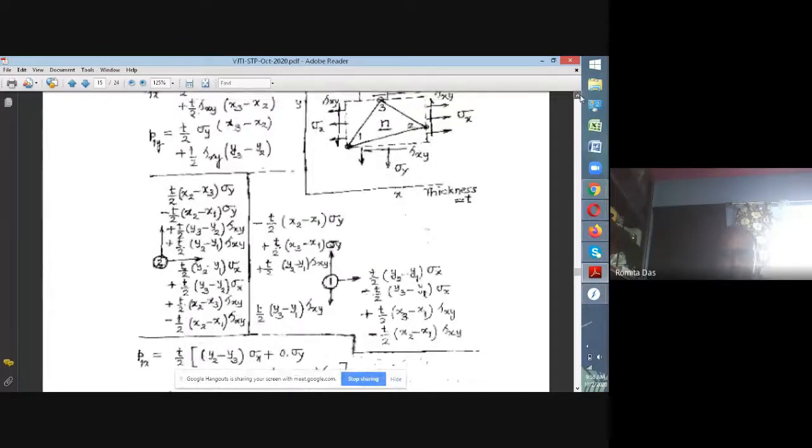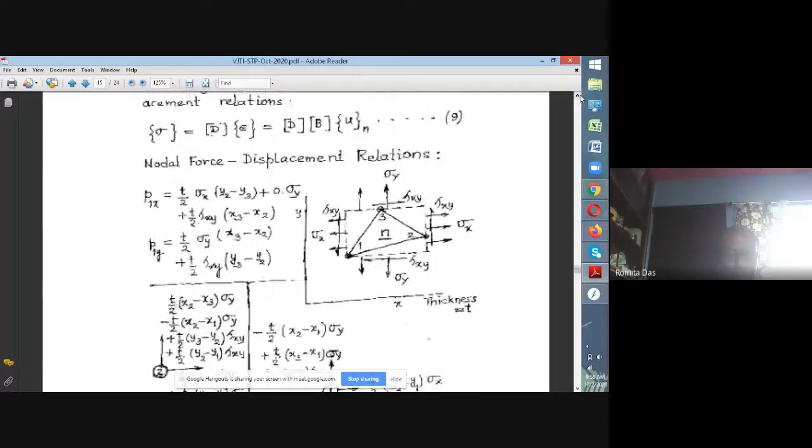Now the question is, we have got the stresses. Now, to create this deformation and the stresses within the element, how much load is applied by the surrounding elements on this particular element? If you isolate element number 1, it is going to be this triangle.